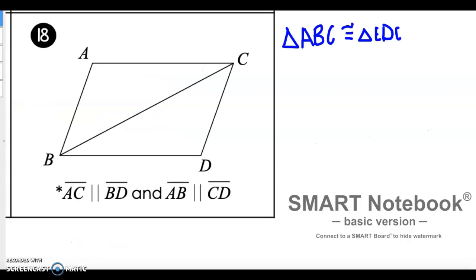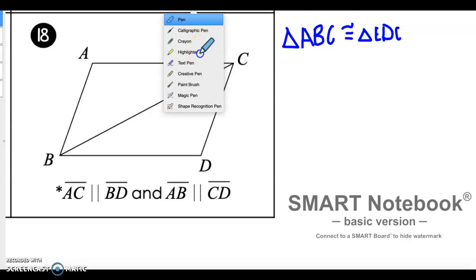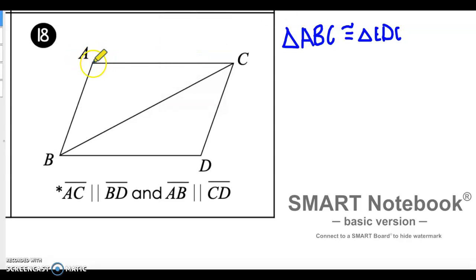Alright, number 18 is the last one that we are going to look at. This one is tricky because you have to remember what you know about angle relationships when you have parallel lines cut by a transversal. Here it says AC is parallel to BD, so I'm going to highlight those two parallel lines in yellow. And actually, let's mark them as parallel.